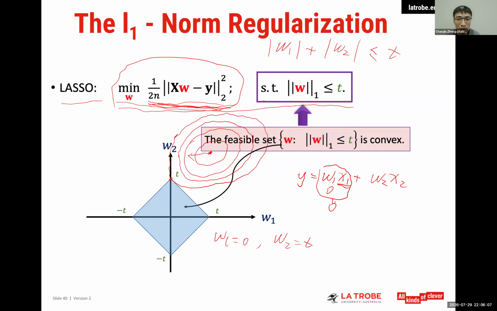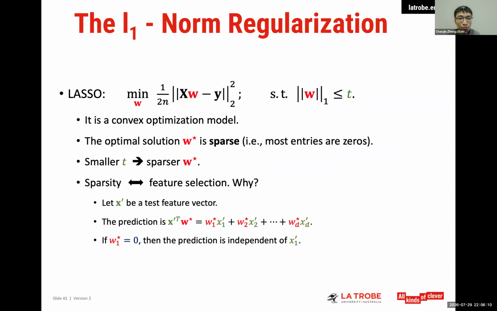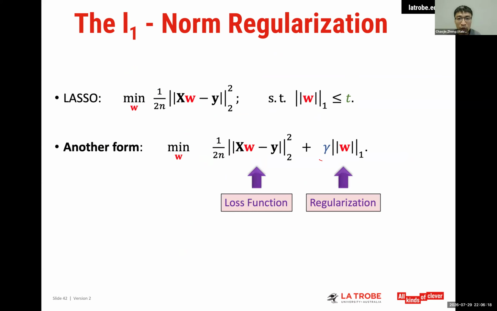And also because it is a regularization term, and we are going to minimize the entire equation, that means we will also minimize the L1 norm of the weight vector. So it will not assign very large values for the weight vector.